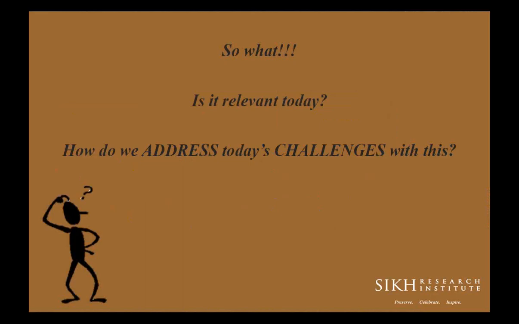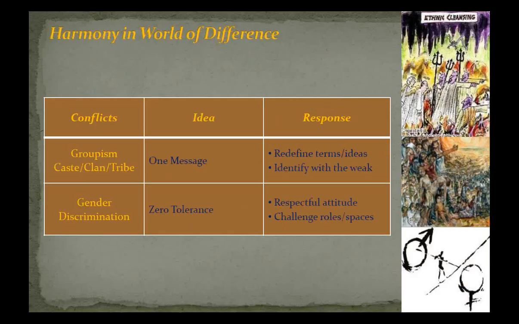Taking that idea, there are two major issues that I think our communities are fighting with today, where we really have to take a serious look at, and that is casteism, tribism, groupism. You can call it whatever you want.